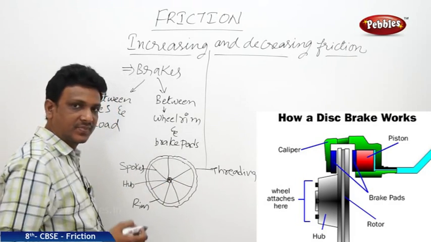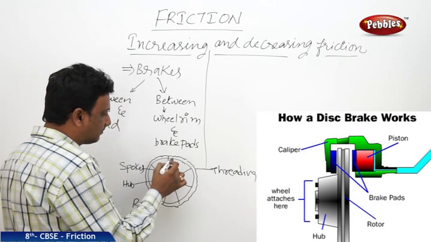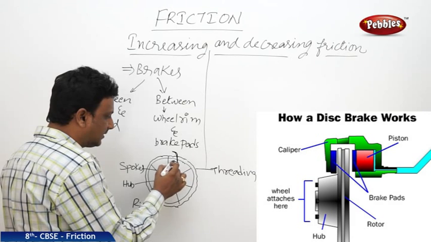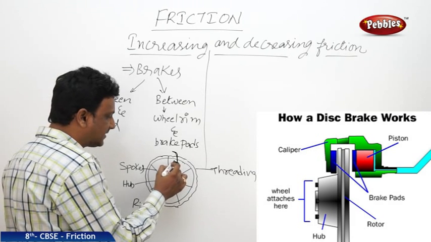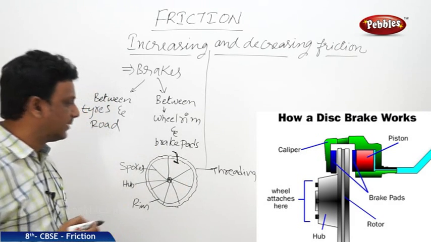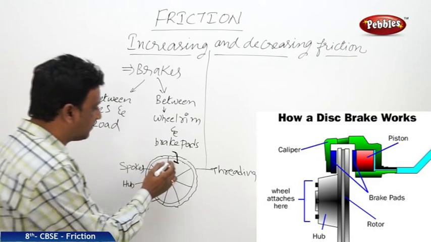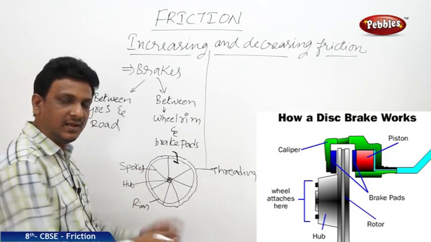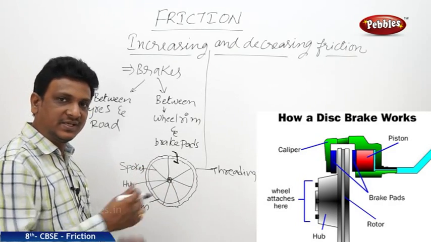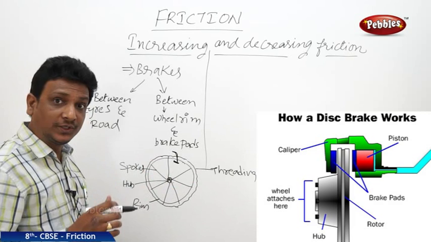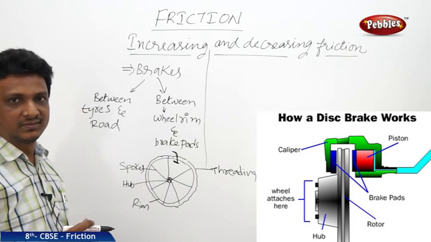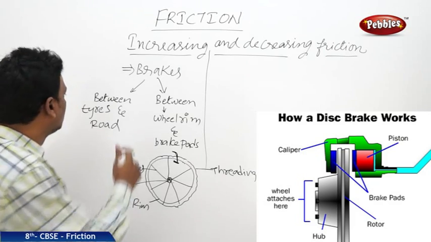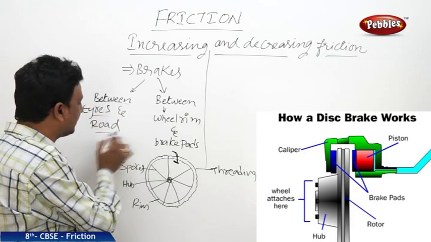This is the rim. Now, for a cycle braking system, here are the brake pads. This is the brake pad. This is the rim. You are pedaling the cycle. The wheel is rolling. The rim is rolling. But when you want to stop the cycle, I told you that at 2 points friction is required. One is between the tire and the road.